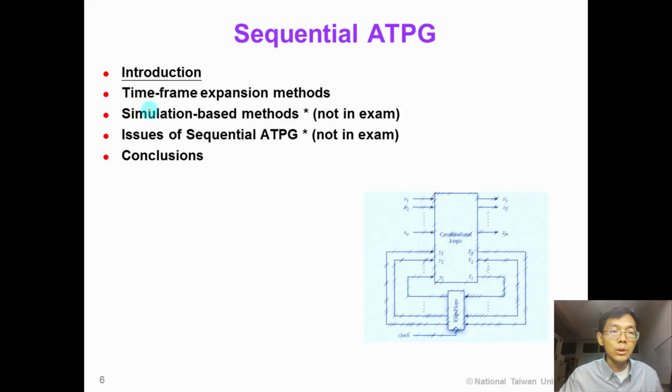We will first do a short introduction, followed by two different approaches. One is time frame expansion, the other one is the simulation-based method for sequential ATPG. And then we will discuss some issues for sequential ATPG, and we will conclude this chapter.